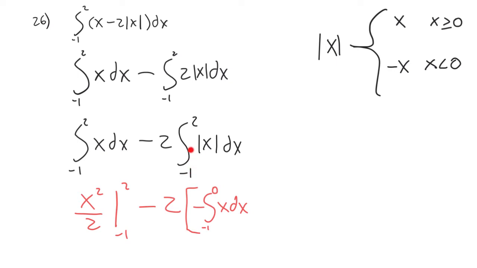Because it goes from -1 all the way up to 2, but we want negative x when it's less than 0. So it's going to go from -1 to 0, and then we're going to be adding the antiderivative from 0 to 2, and in that case, it's positive numbers, and it's going to be x.